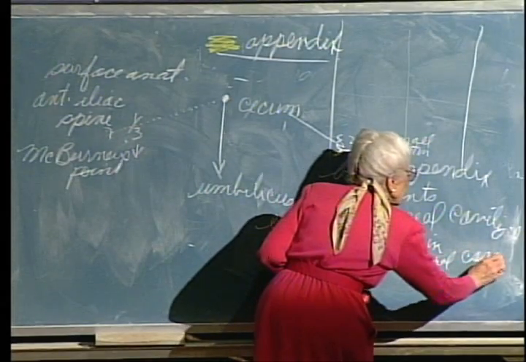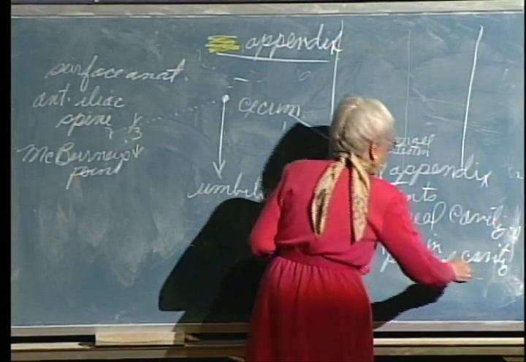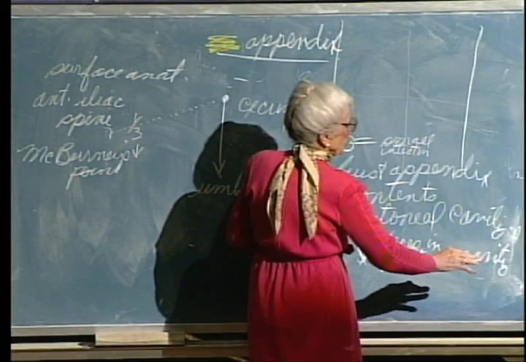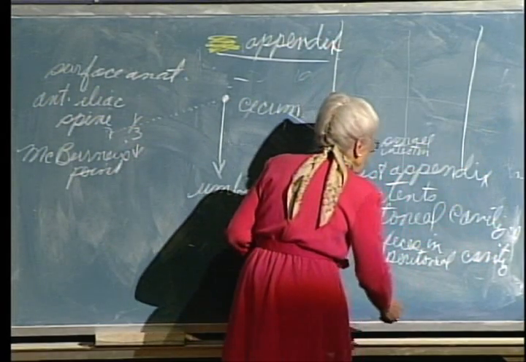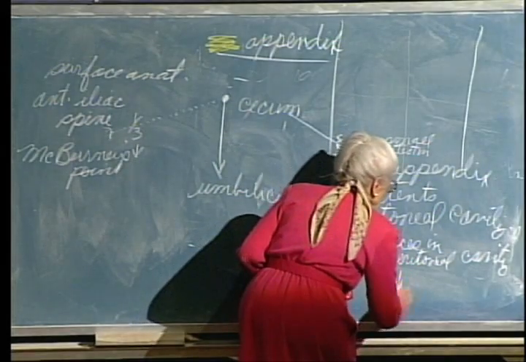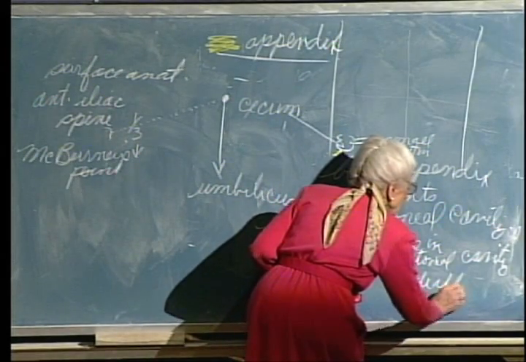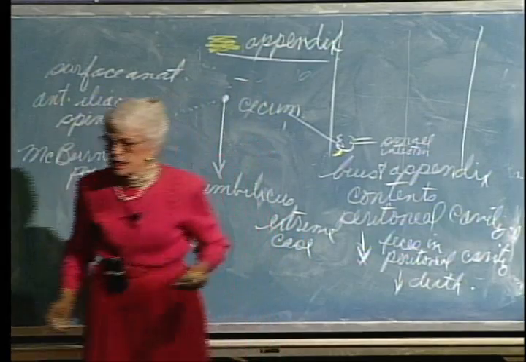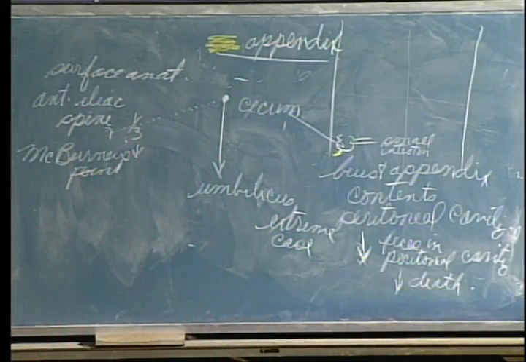Sometimes you give worse scenarios because it makes it dramatic to know that there is a peritoneal cavity, even though you don't see it this way. And this can be death. Did anybody ever had a burst appendix or know anybody who did? You did. How long did you have it before it was treated? You don't know? All right. Well, she's here, so it didn't take too long, right? Now, that gets us our cecum.